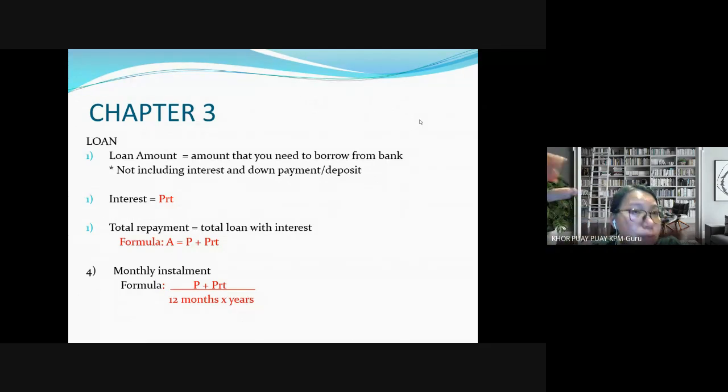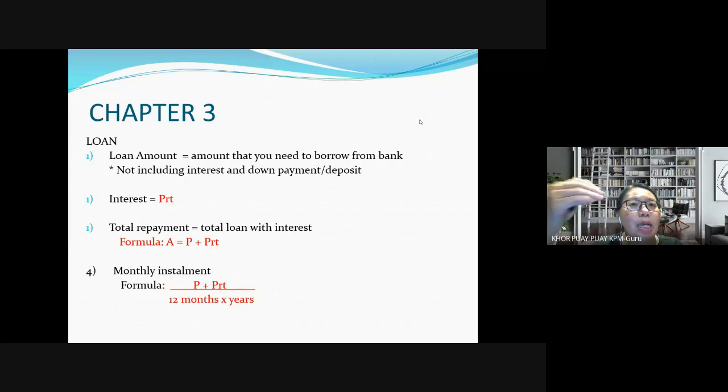But sometimes banks also charge interest on balance. Interest on balance is more beneficial to the customer, because the more you pay, the less interest you pay. Simple interest means every time you pay, you still pay the same interest, the same interest, the same interest. Okay, so that is simple interest.